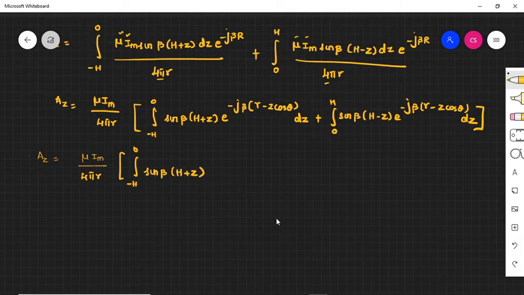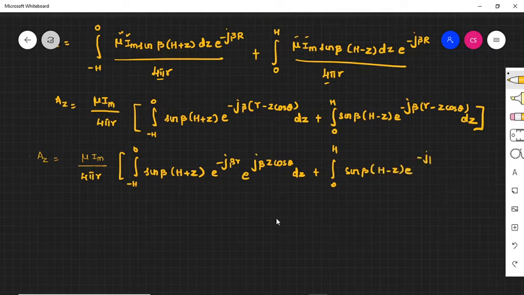So we will multiply this minus j beta inside for each and every term. So it is minus j beta r into e power, minus of minus becomes plus, so e power j beta z cos theta dz. And the second term is plus integration of 0 to h sine beta of h minus z into e power minus j beta r into e power j beta z cos theta dz.